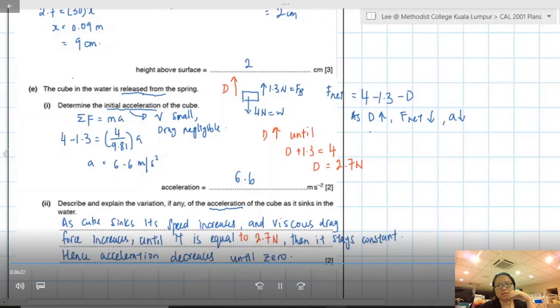Now when acceleration decreases, the speed will still increase. But as time passes, the drag force increases until it is equal to 2.7 Newton. Then your net force is 0, a is 0. This is your terminal velocity, and it will maintain this speed for a while.